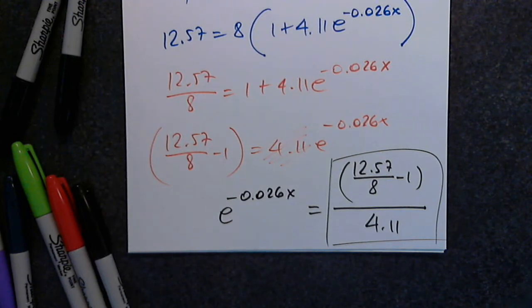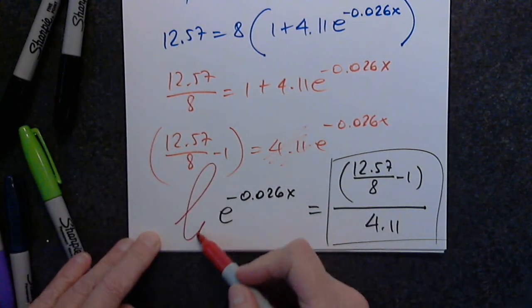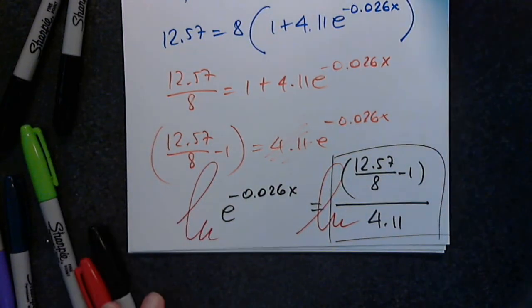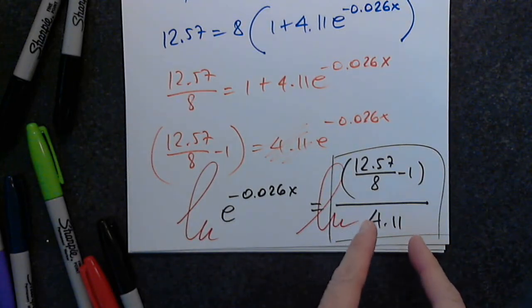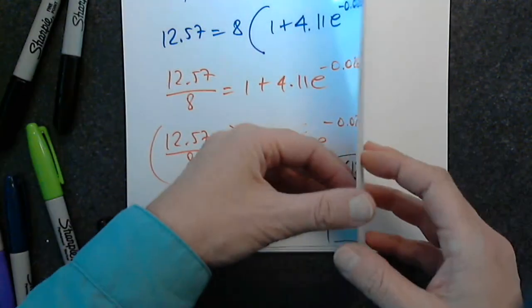What is our next step? How do I proceed? Indeed, there is nothing else I can do. Natural log to this side and natural log to that side. Notice that I intentionally don't want to calculate this, because if I calculate, then I have to approximate it when I plug it in natural log, and that's what I want to avoid.